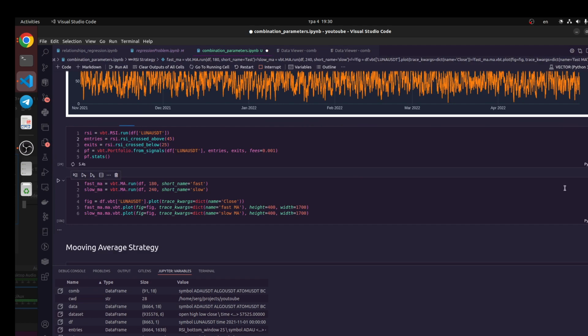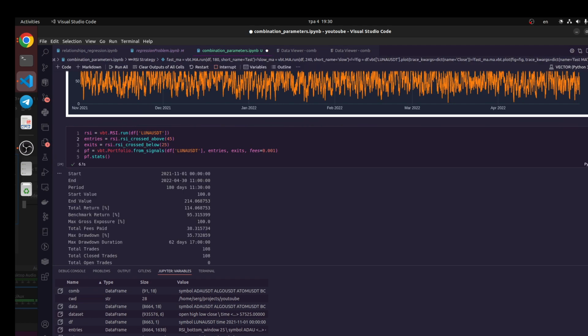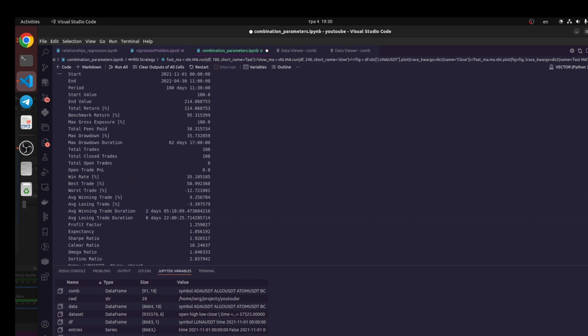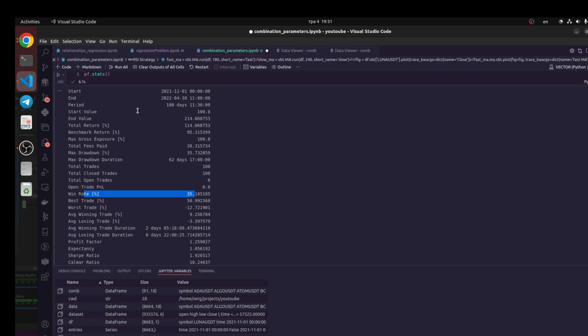Let's look at some statistics and see what happens. You see the win rate is very small, but we have total return. You see we have a total return of more than 100%, but the benchmark is 95%. It means we could make a profit greater than the benchmark.